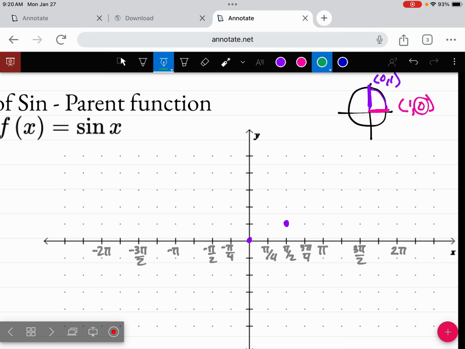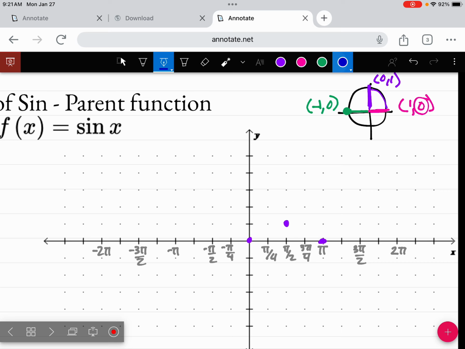What do we get at pi? 0. Remember our ordered pair, -1, 0. It's the y's. We're looking at that 0. So it goes back down.